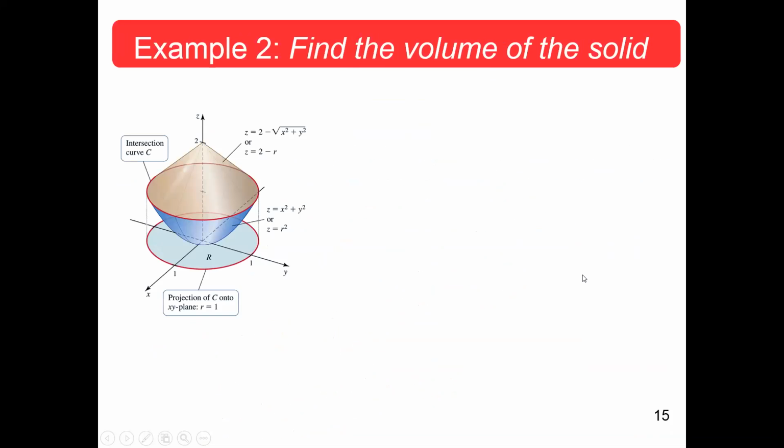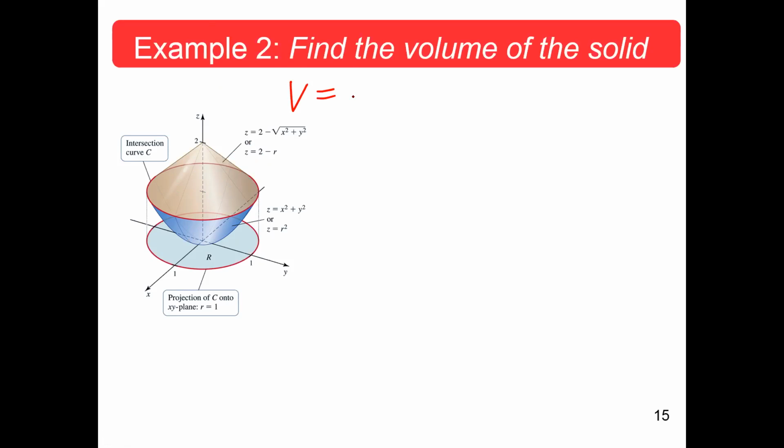All right, so now let's go back to the question that we started with. You recall the solid? Folks, can you see my screen? Yes. Okay, so we were looking at the volume.